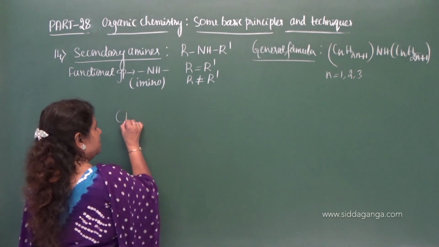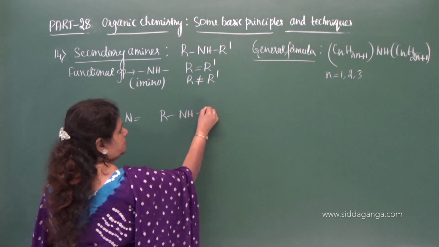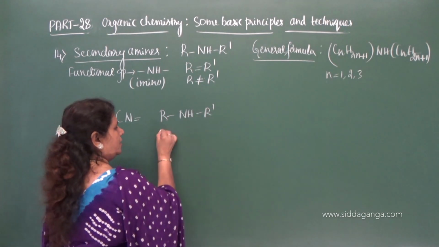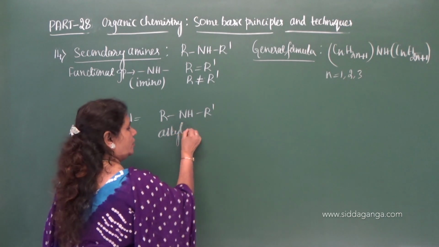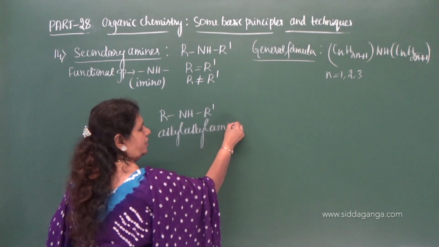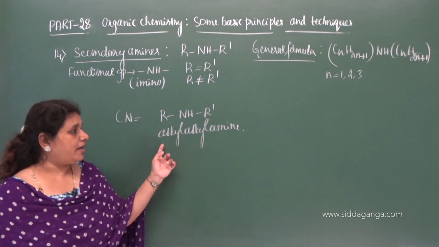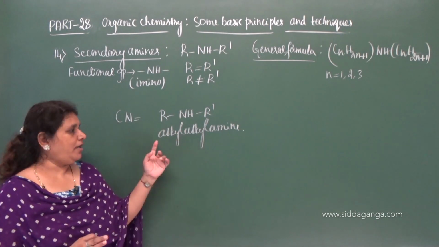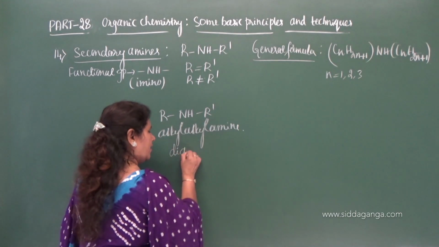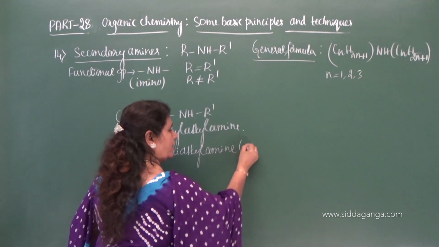Common name of secondary amines. As we know, this is the general representation. It's very simple. The common name is the names of the two alkyl groups, ending with the word amine: alkyl, alkyl, amine. If the alkyl groups are the same, you name it as dialkyl amine.